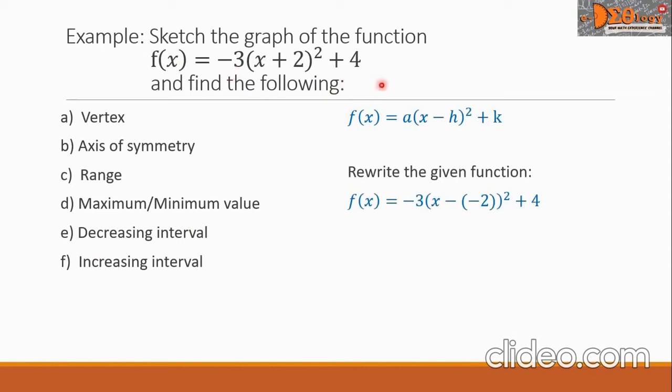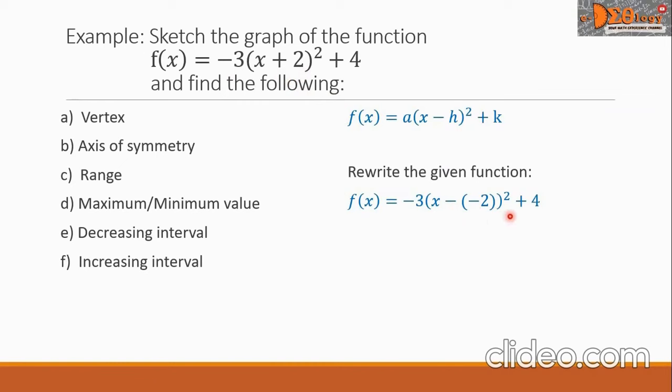We are going to copy exactly the same except in this plus 2. Since the standard form is written minus h, we are going to rewrite this plus 2 into negative of -2. And the rest of the function will be same.